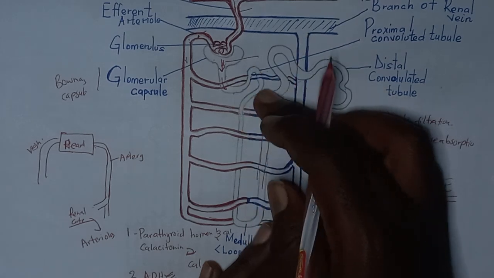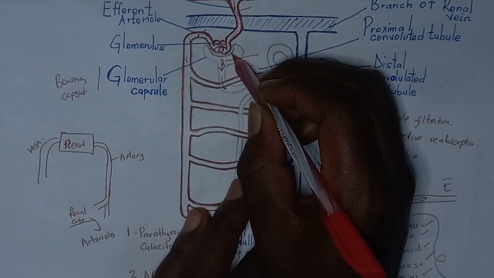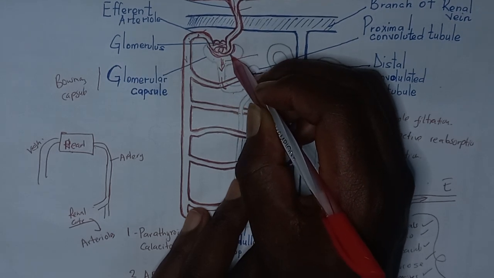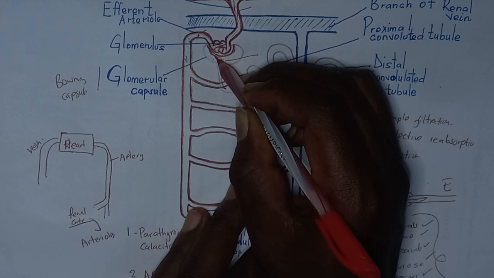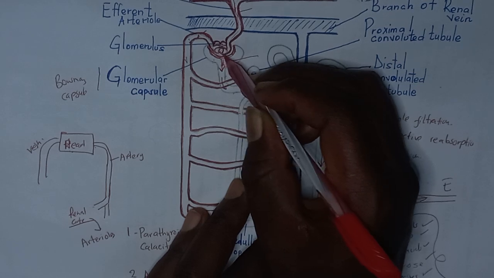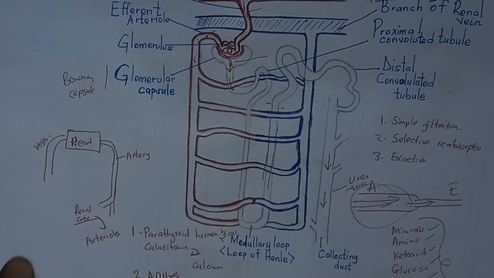And the Bowman's capsule membrane is a simple one layer epithelial tissue. This simple one layer epithelial tissue is to enhance the ultrafiltration, to enhance that filtration to take place.